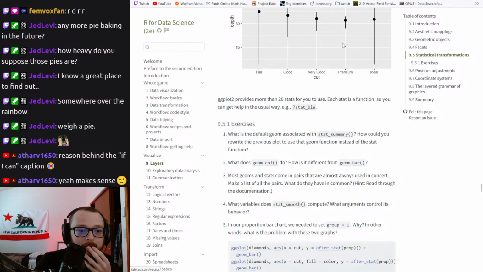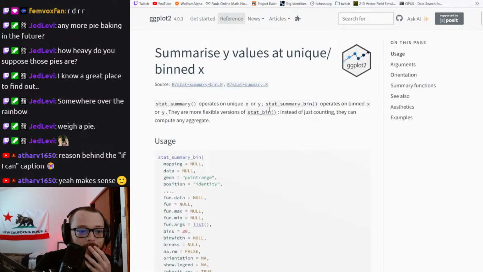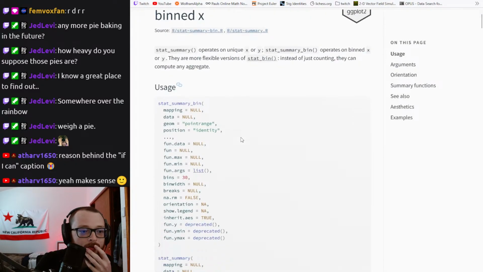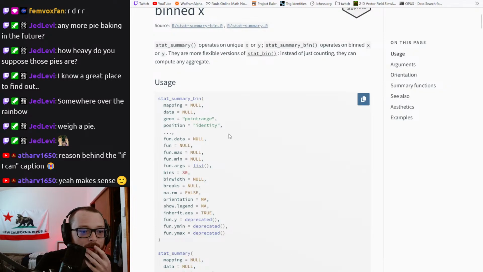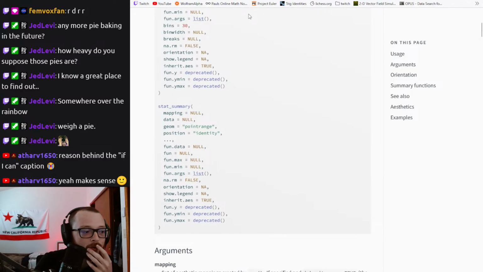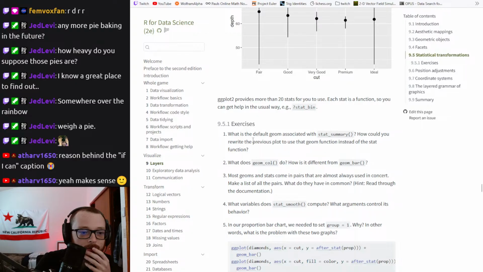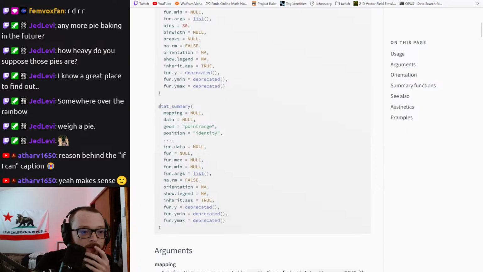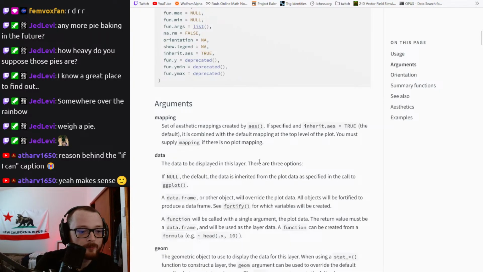So I feel like I'm being lied to by the documentation for stat summary. So the question is, what is the default geom associated with stat summary? In the documentation, stat summary, geom equals point range. So point range would be the default.